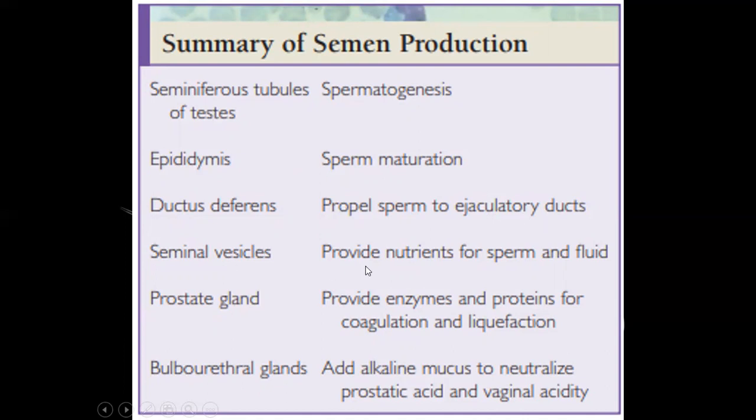Your seminal vesicles provide nutrients for sperm and fluid. What nutrient is that? Fructose. Your prostate gland is responsible for production of acidic enzymes and proteins for coagulation and liquefaction of semen. And then we have your bulbourethral glands, which are responsible for production of alkaline fluid.